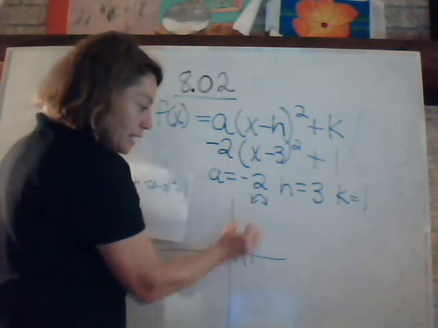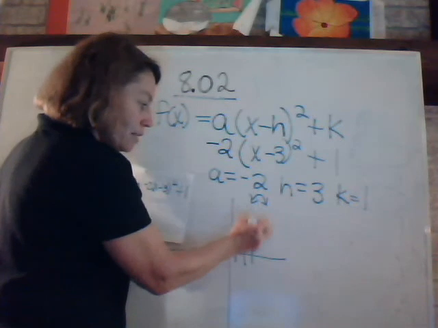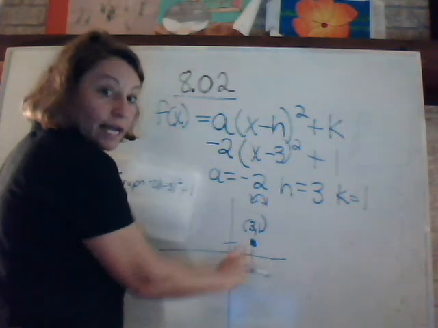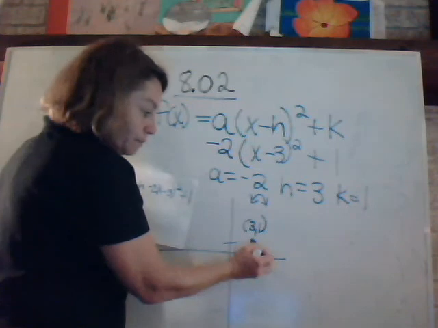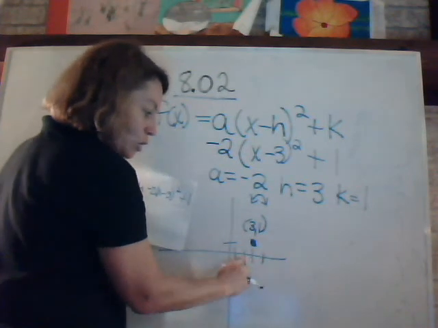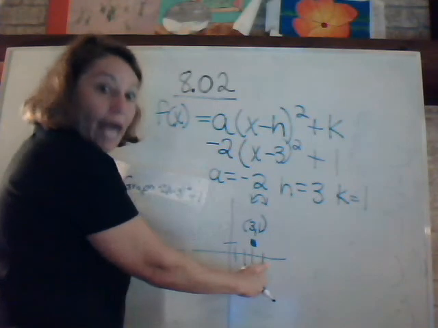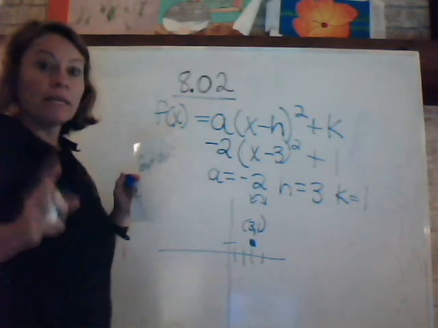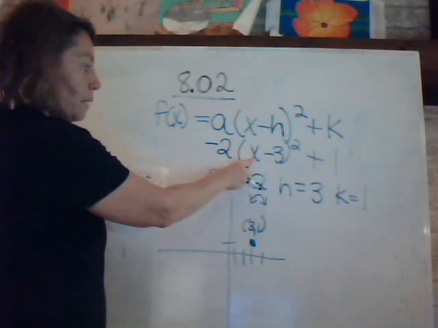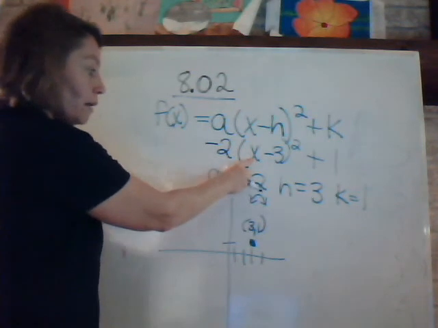So this vertex is at (3, 1). I'm going to pick points on the left side of this and the right side of it. So I'm going to plug in a 2 and a 4. And their outputs should be the same because it's symmetrical. So I'm going to go back up here and plug in a 2, and I'm going to plug in a 4.